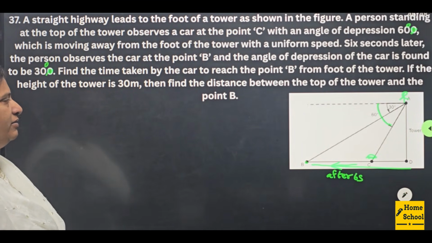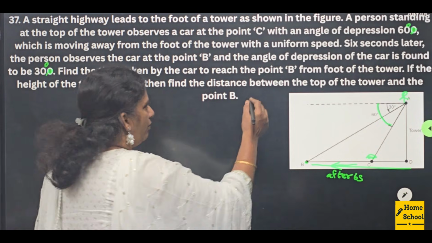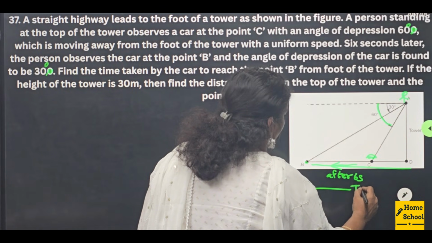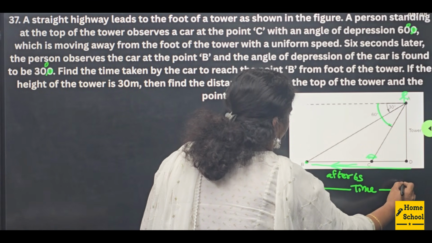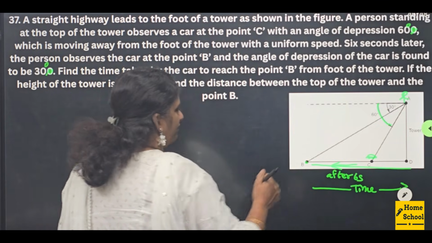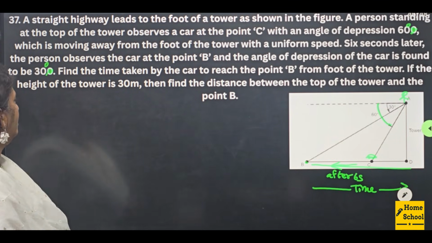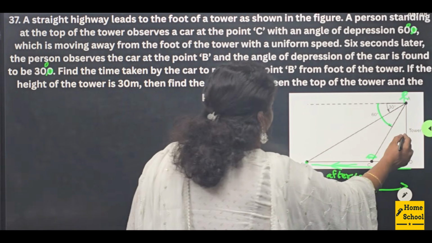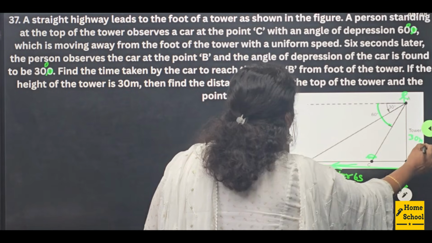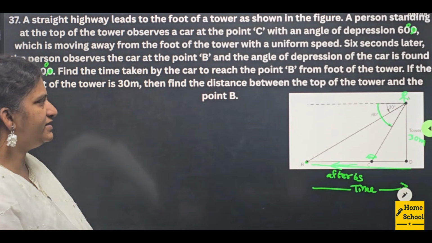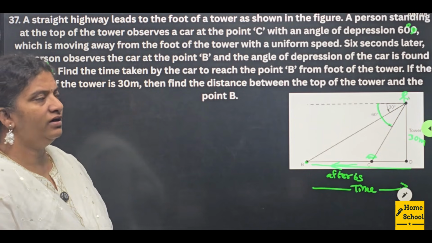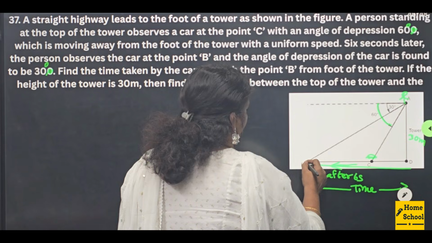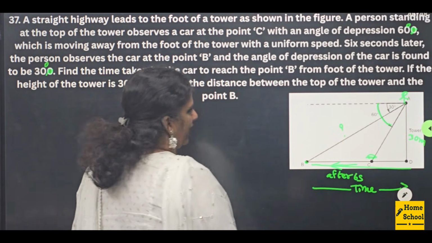Find the time taken by the car to reach the point B from foot of the tower. If the height of the tower is 30 meter, then find the distance between the top of the tower and the point B.